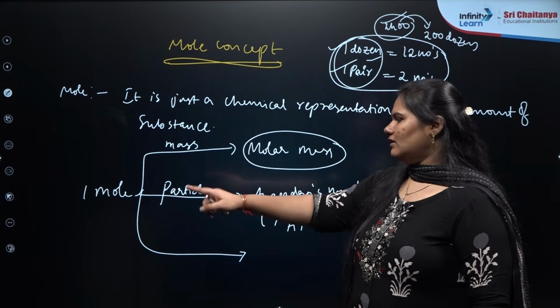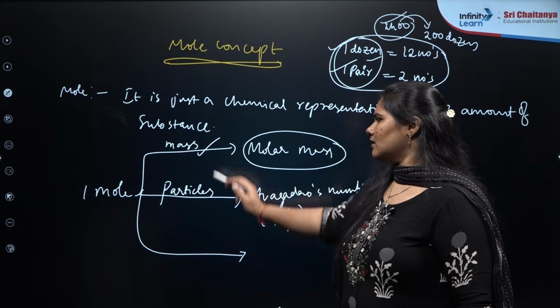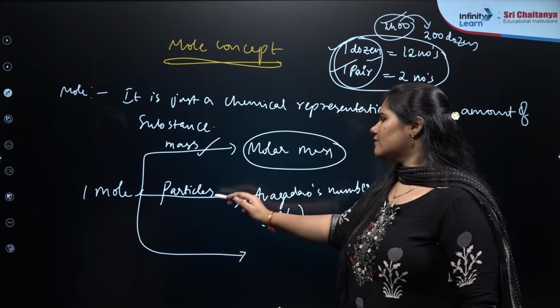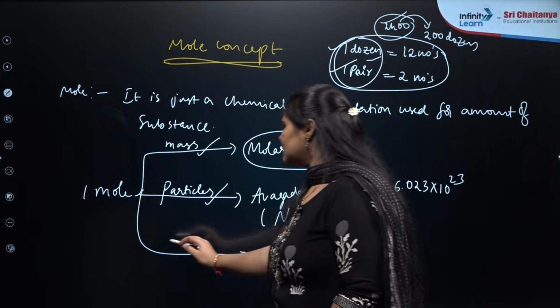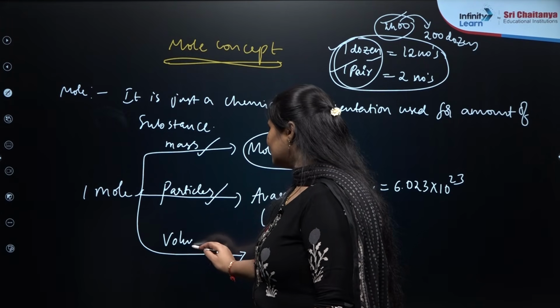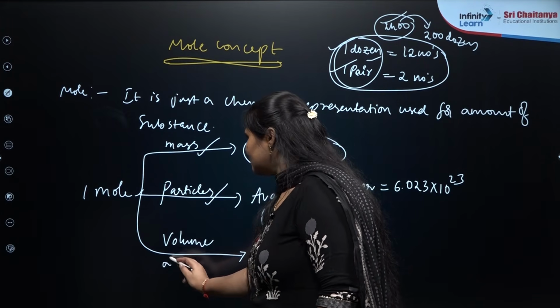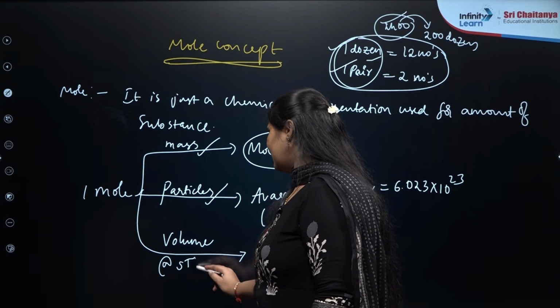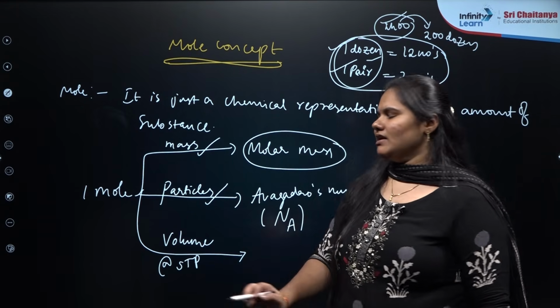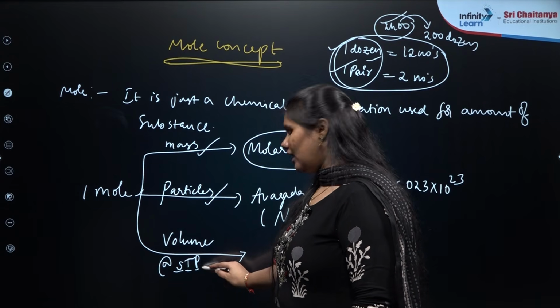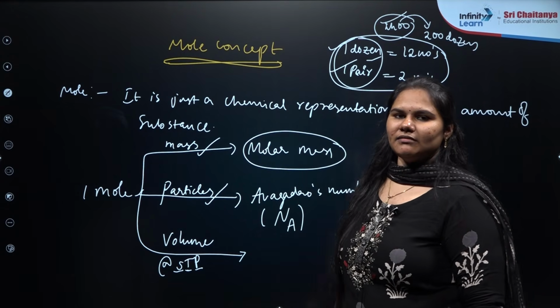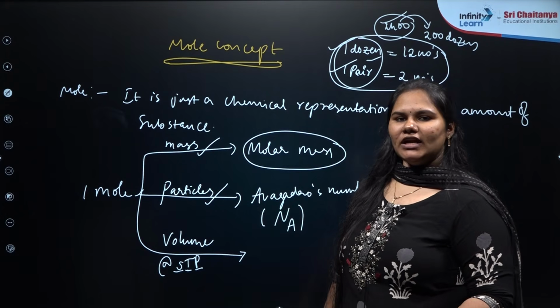This is Avogadro's number, in terms of particles. So we have learned one mole value in terms of mass, which is molar mass, one mole value in terms of particles, which is Avogadro's number, and then one mole value in terms of volume, but it must be mentioned at STP. What is STP? STP is standard temperature and pressure.